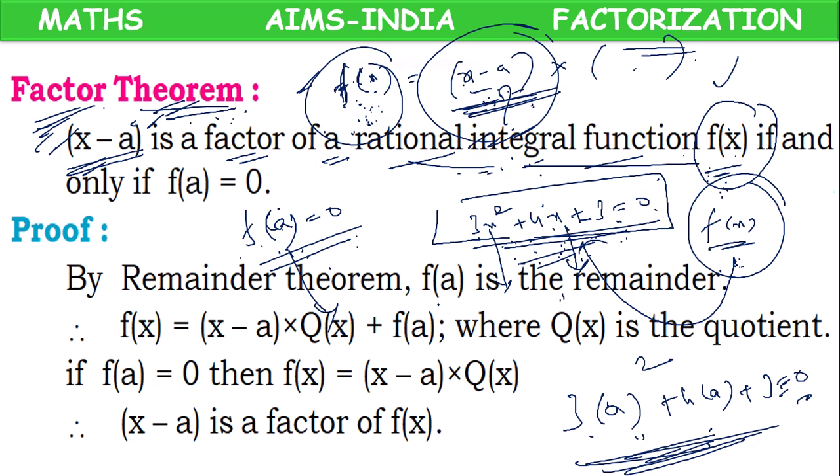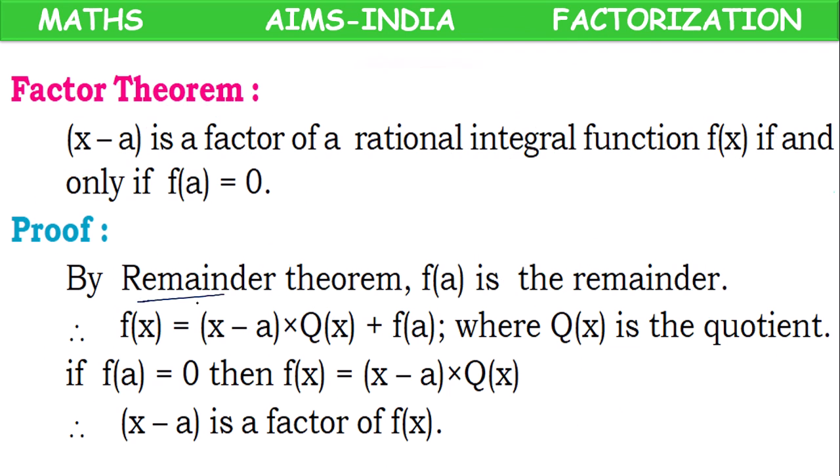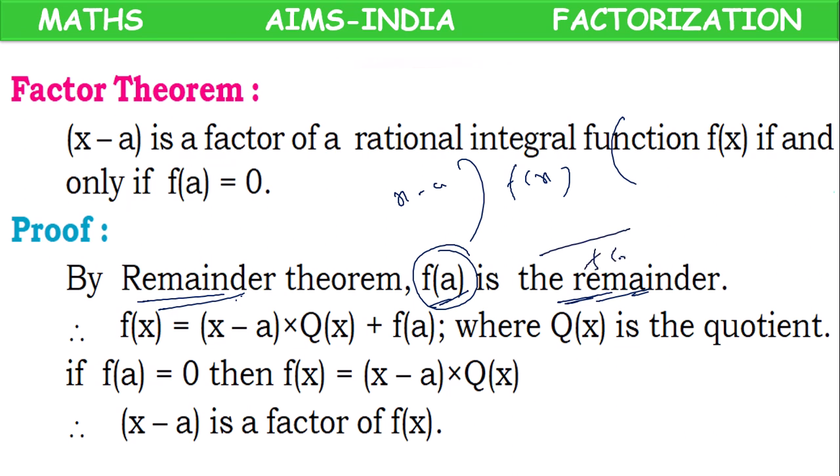Actually we have one more theorem, the remainder theorem. According to that, f of a is called the remainder. That we are going to learn later. So here, children, suppose f of x is there. If we divide by x minus a, then f of a will be the remainder, which is equal to 0.